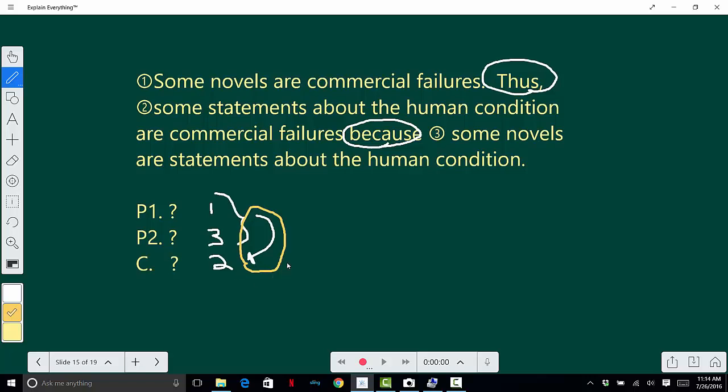Many students will think that the reasoning process in this argument is good. Actually, it's bad. It's not a good reasoning process. And notice that if you got tripped up here, this is a relatively easy argument.